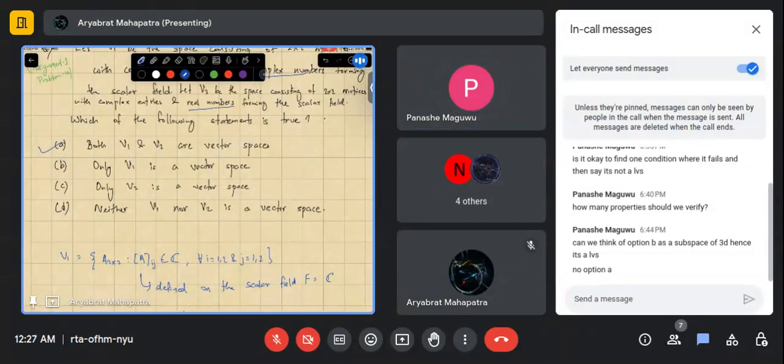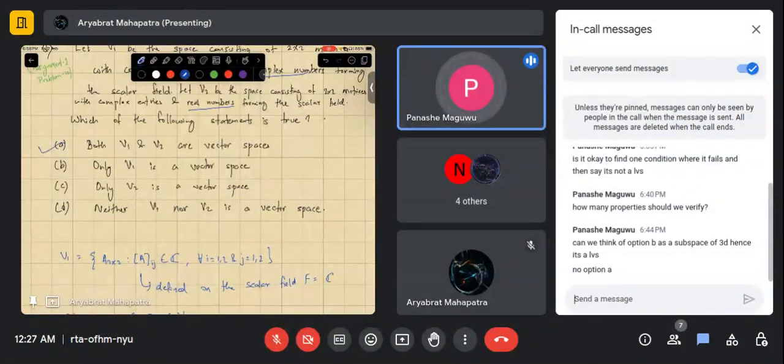I want to twist the question to see if it is still going to be a linear vector space.